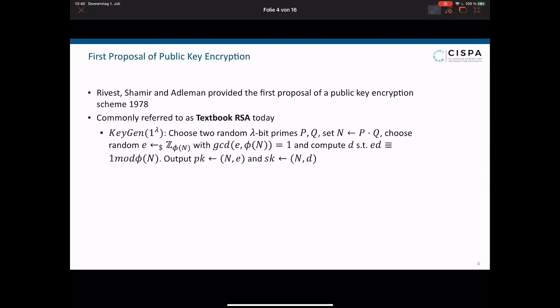So how do keygen, enc, and dec work here? Keygen chooses two random lambda-bit primes p and q and sets n to be the product of p and q.